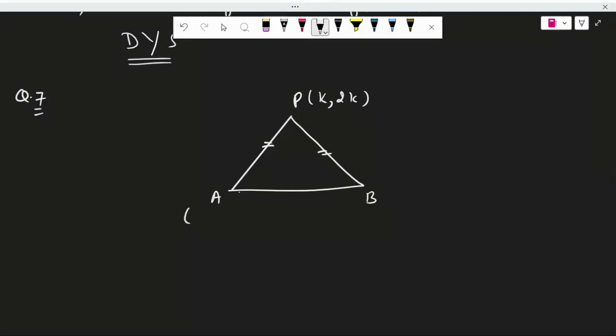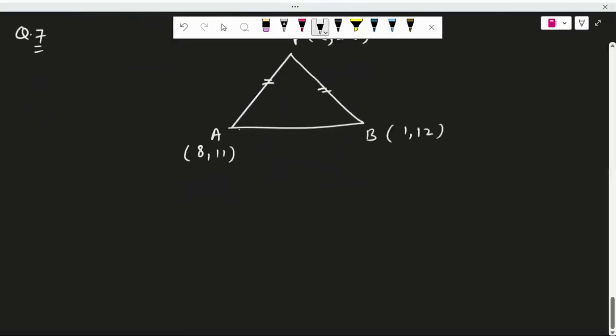The coordinates of A are (8, 11) and the coordinates of B are (1, 12). We need to find the value of k.